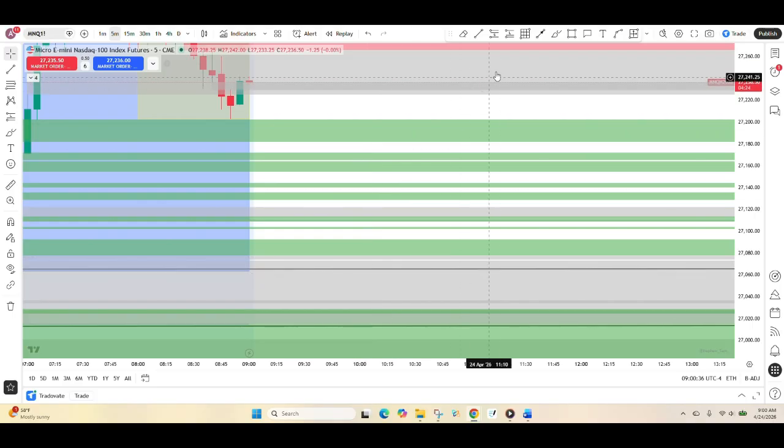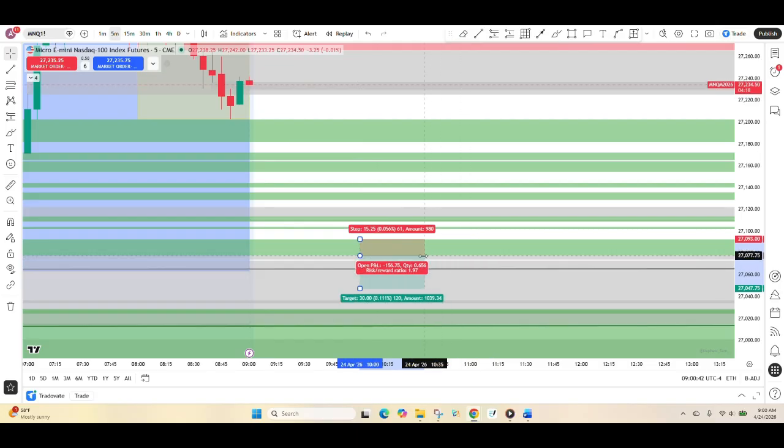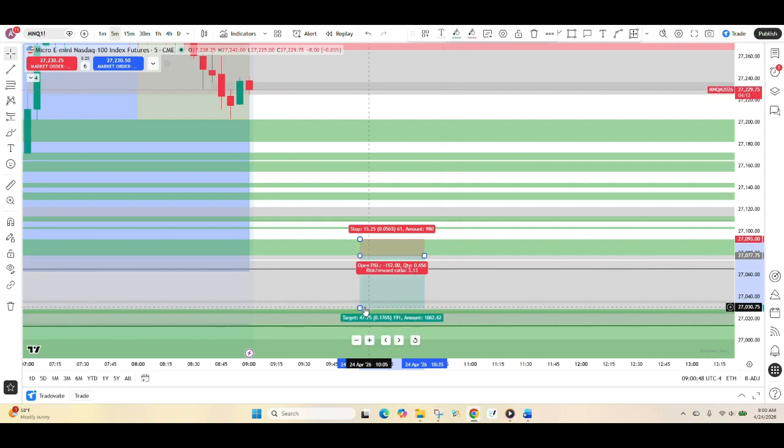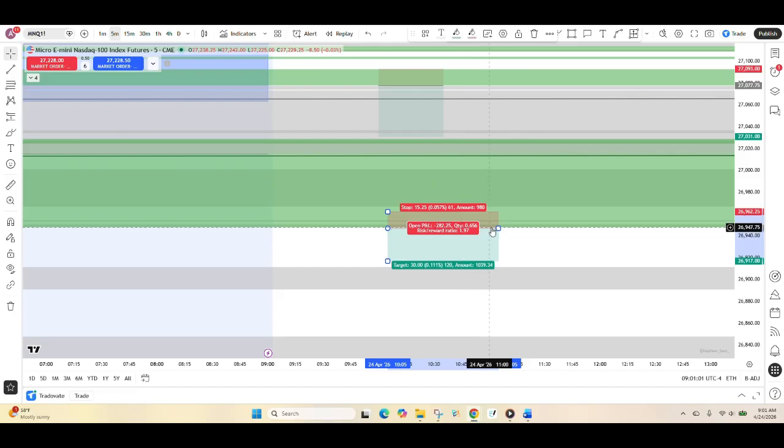Down here, I can probably get a short. Yeah, okay. And I can target this fair value gap. And then here's another one, but I don't think it's going to go down. I don't think the market's going to go down this far, just in case I'll mark it also.